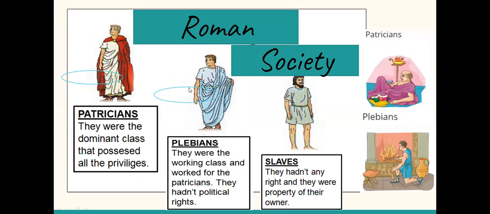Roman society was composed of the patricians, the plebeians, and the slaves. Think about this like a scale. Okay? First, we have the patricians.